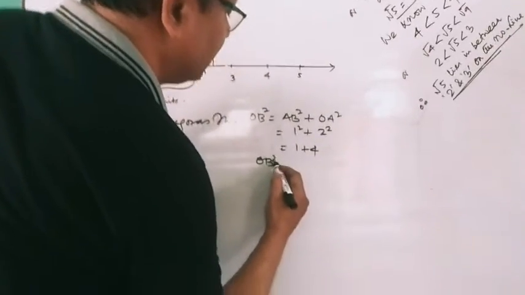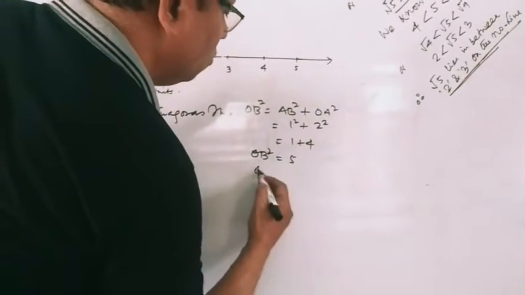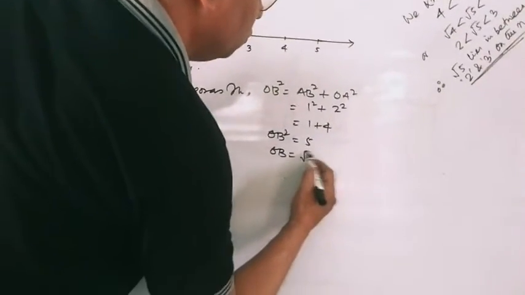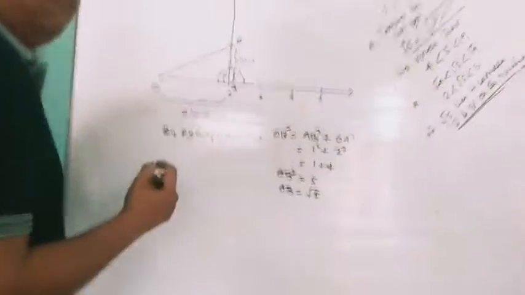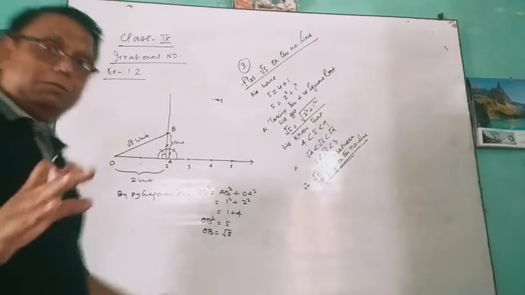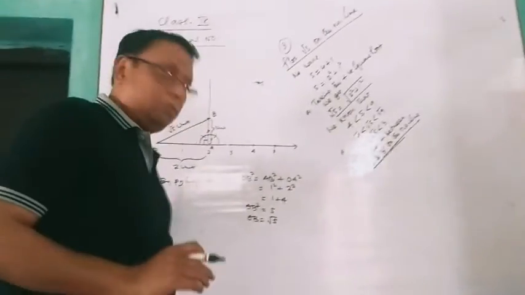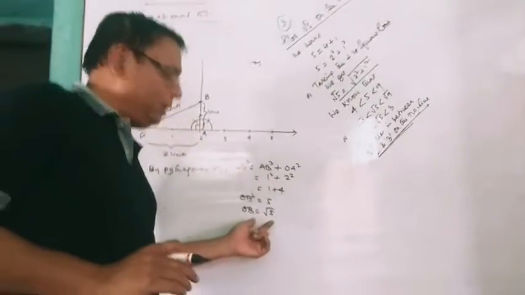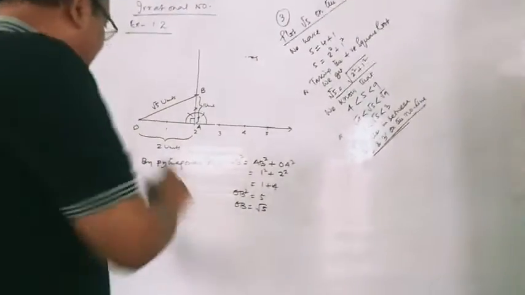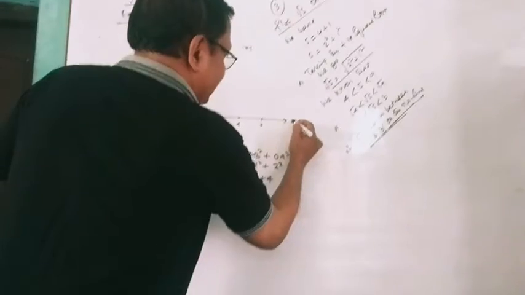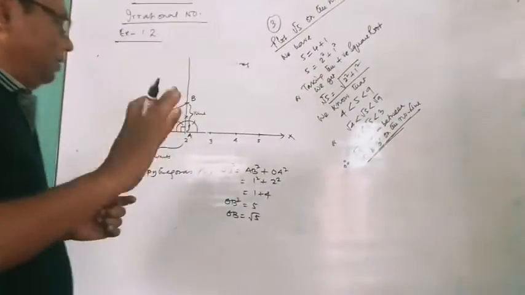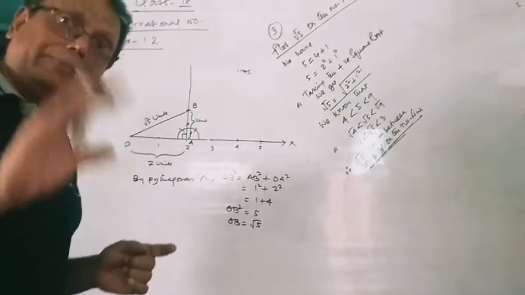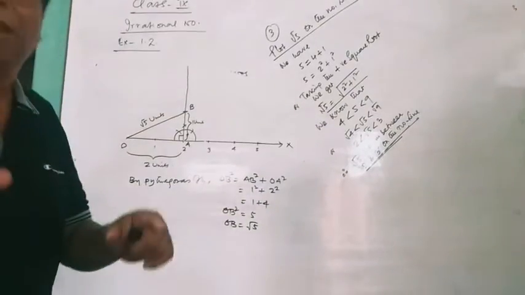OB square is equal to 5. OB is equal to root 5. Therefore, by applying Pythagoras theorem, we have got that OB is equal to root 5, and this OX is the number line. Now what we have to do, we have to represent this root 5 on the number line.